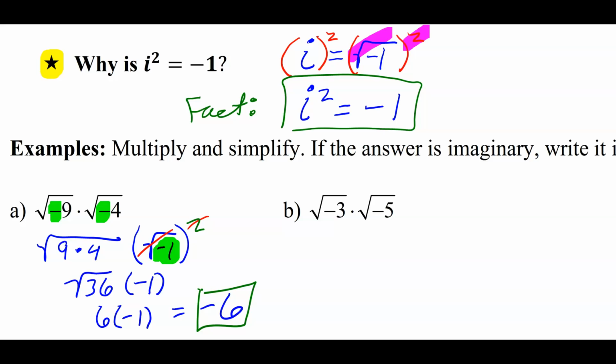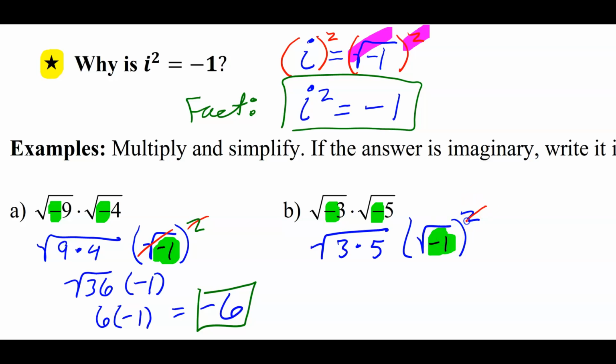On the next one, the same idea applies. I combine my numbers, which are 3 and 5. I pull my negatives out separately: the square root of -1, multiplied by itself, so it's squared.